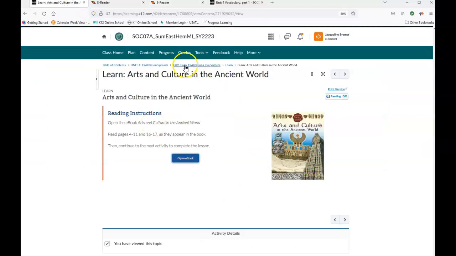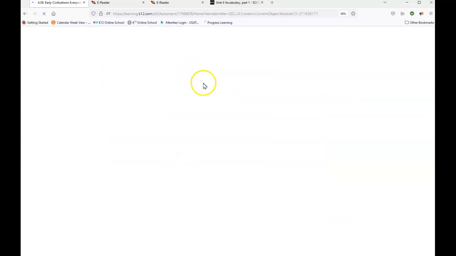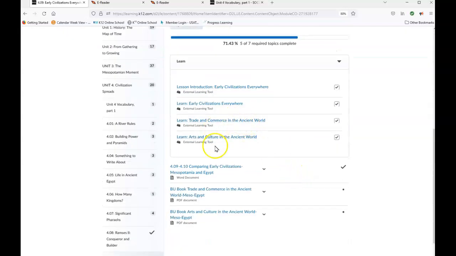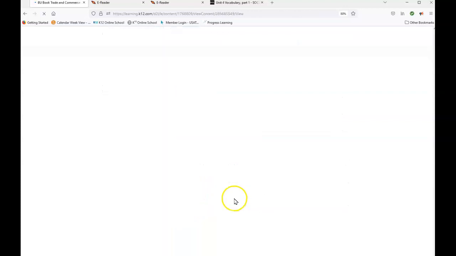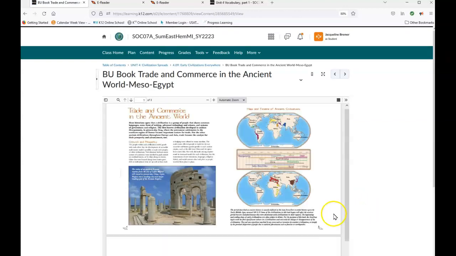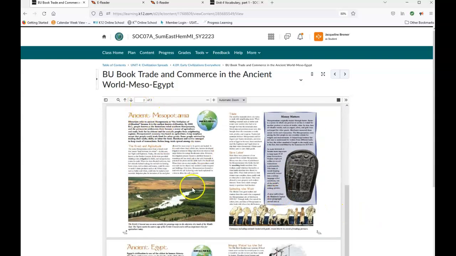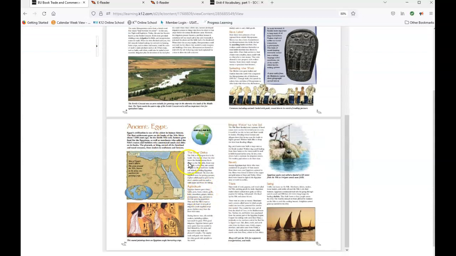All right, so let's go back to lesson 4.09. This is all from yesterday. So you were to open up those books. If you couldn't get the books opened, I do have some documents here that show those pages. Okay, Ancient Mesopotamia, Ancient Egypt, but see how they're smaller?